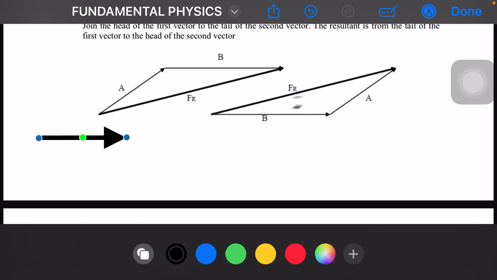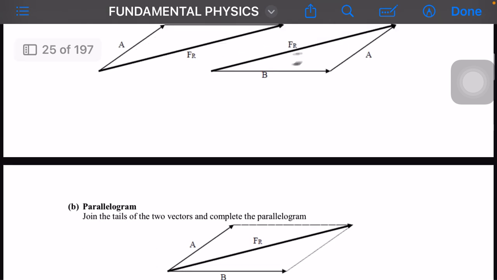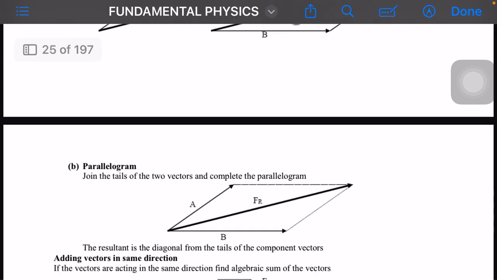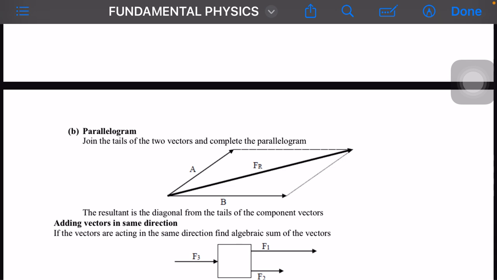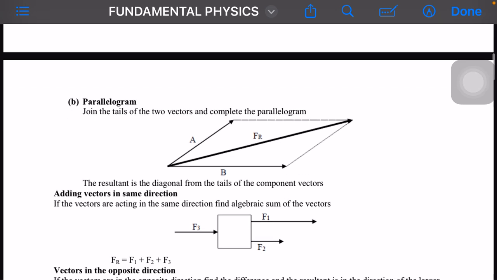So now the resultant is this line here, same as the Pythagoras theorem, this one here, the hypotenuse, if this was a right-angled triangle. The same applies to vector B. You go to the head and draw a line, and you also go to the tail and draw a line until they meet. That's how you use the head and tail method, joining the head and tail of the vectors to find the resultant vector.